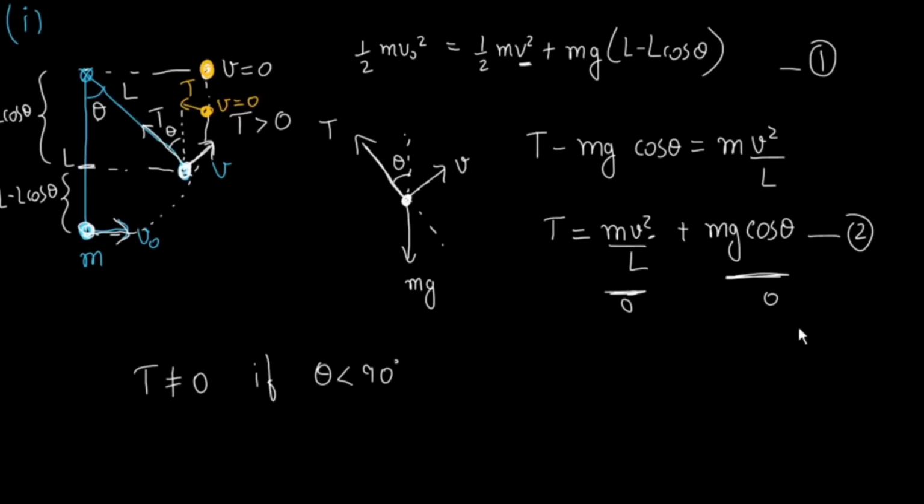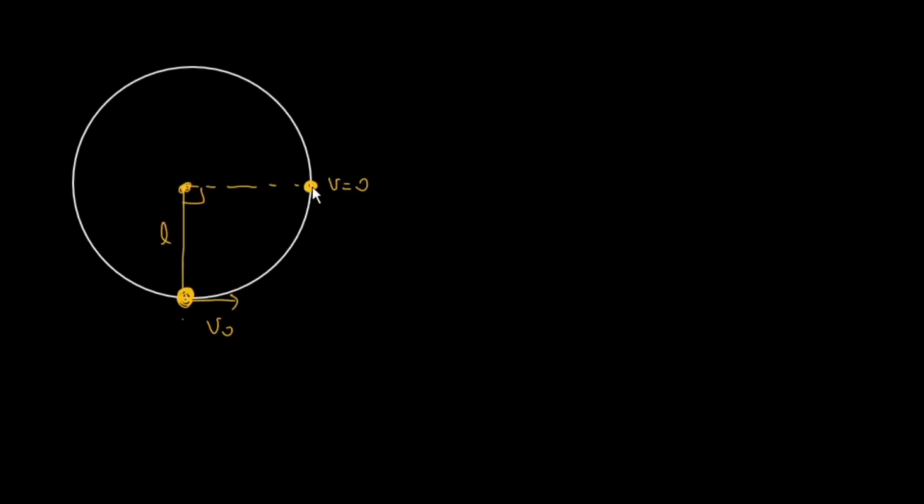From the previous equation, if velocity is 0 and theta is also 90, then tension will also be 0, right? So at this point my tension is 0.